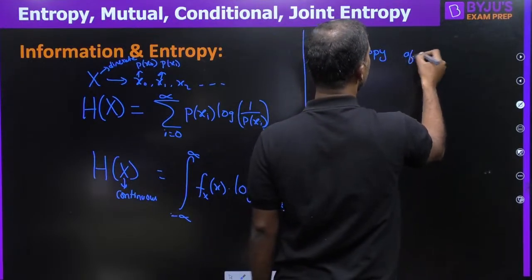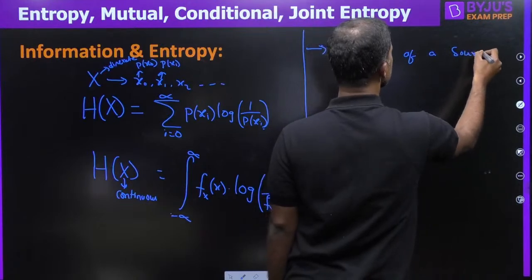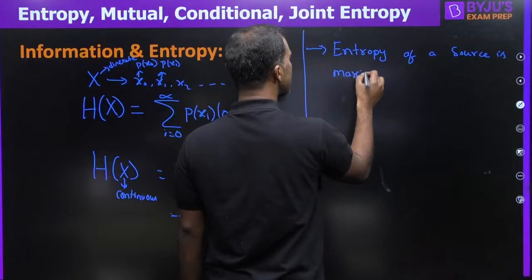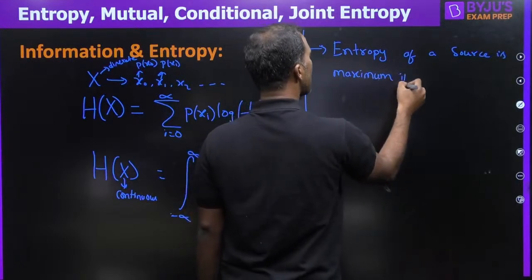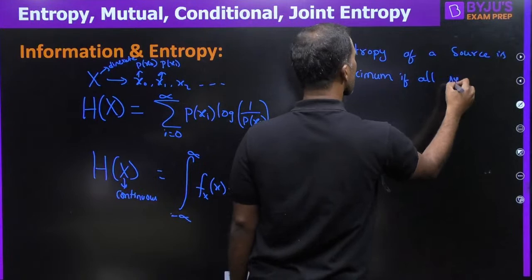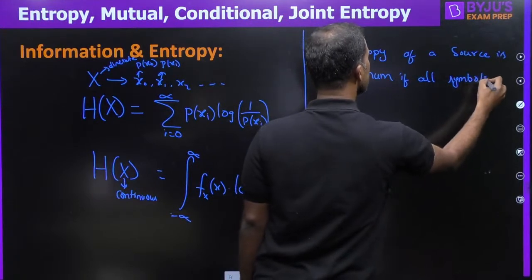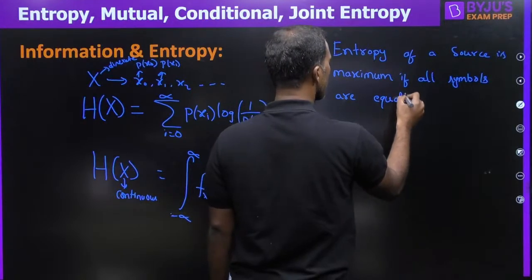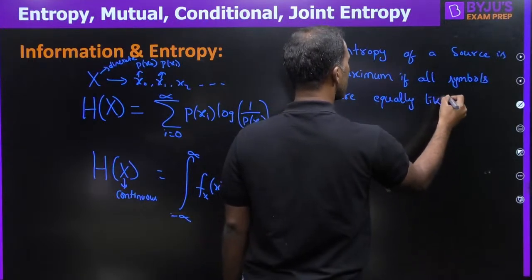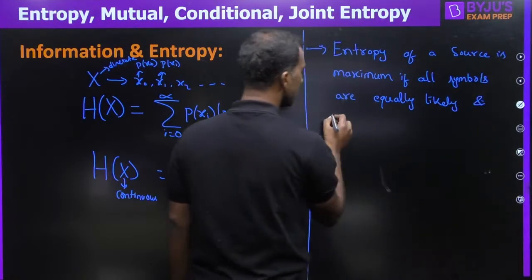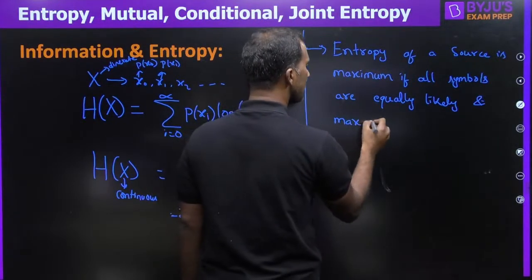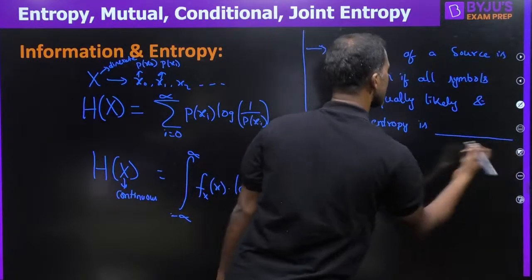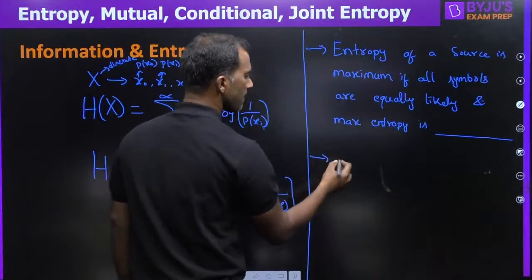Entropy of a source is maximum if all symbols are equally likely. And one more point is also there, and max entropy is, that is a very simple formula to remember. Max entropy is, what is that? Let's derive it and we'll write it there.